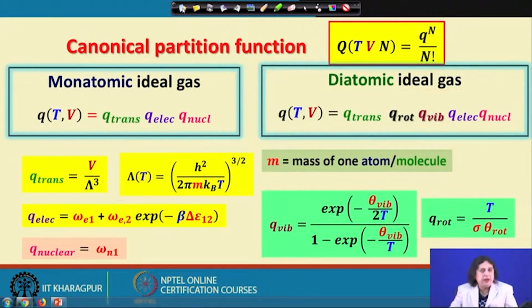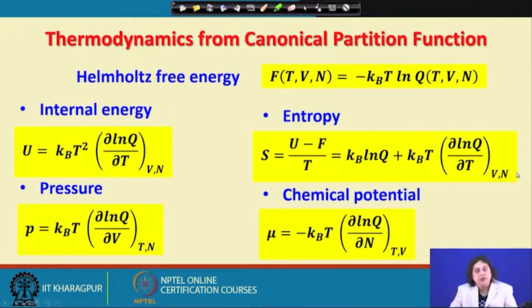With this background in mind, we have already talked about how to obtain the thermodynamics from the canonical partition function. And as you know, all the thermodynamic properties that are of interest in our case can be derived if you know the dependence of ln Q on properties like temperature, volume or the number of particles.